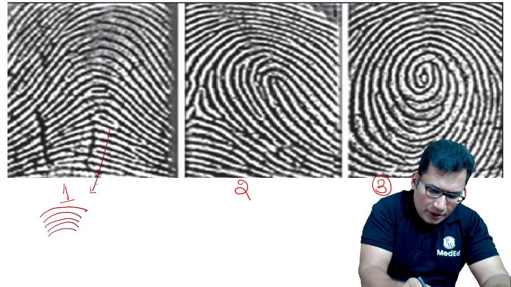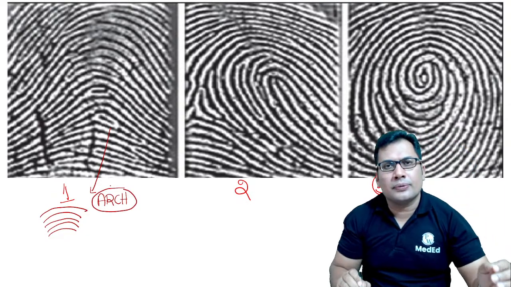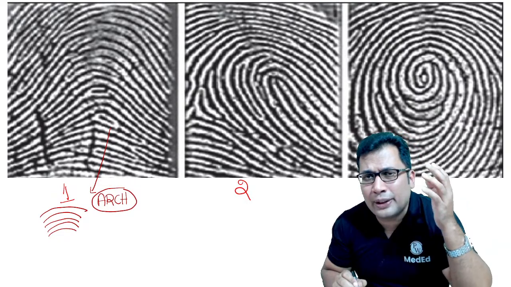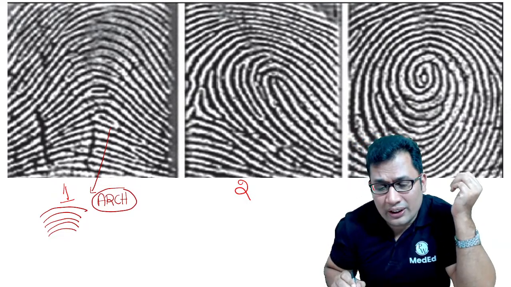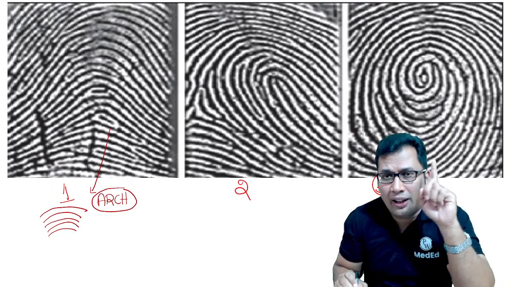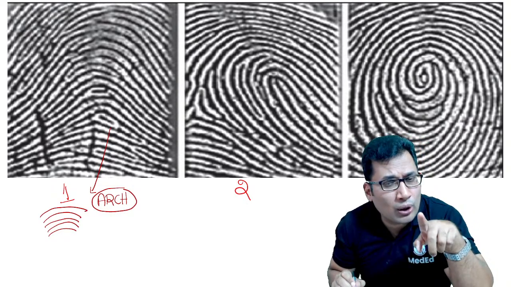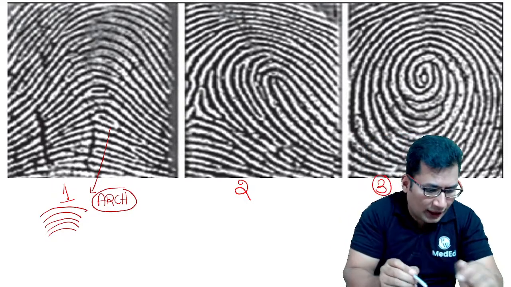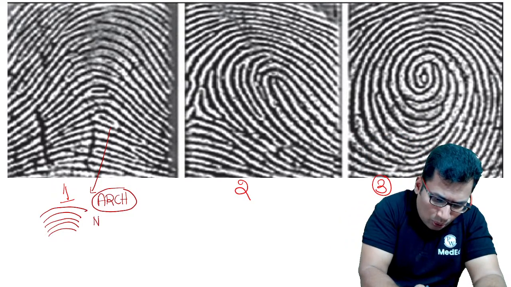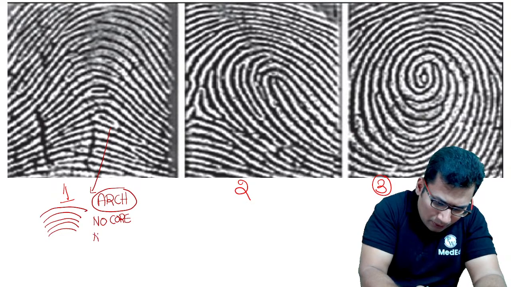This is nothing but arch. When the entry point and exit point are on different sides, that is known as arch. And remember, dear students, in arch there is no core and no delta.